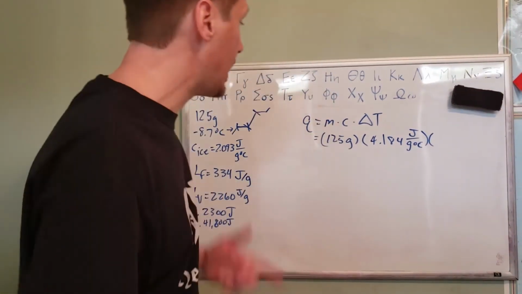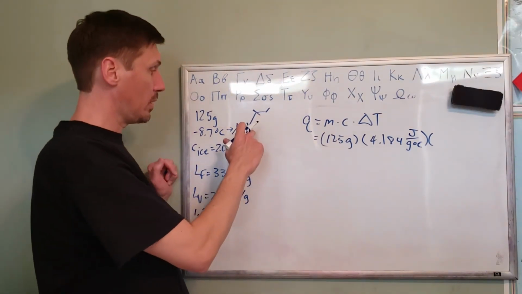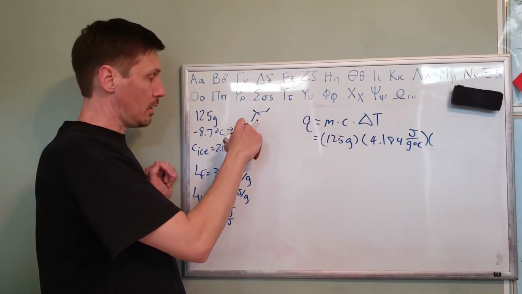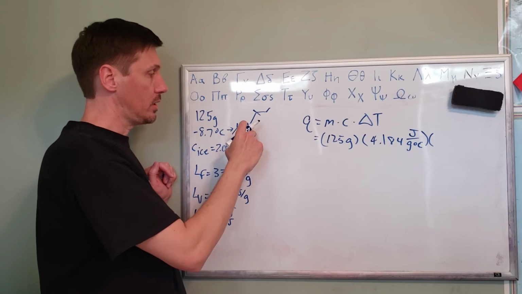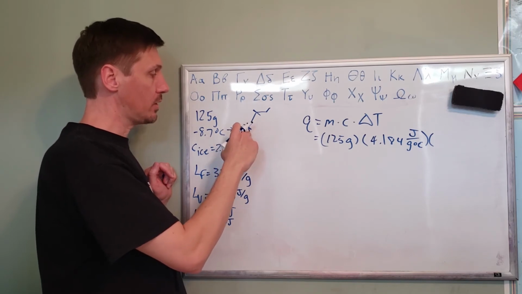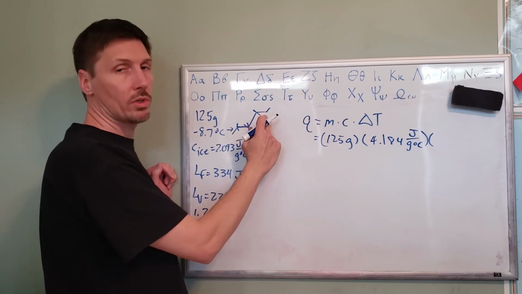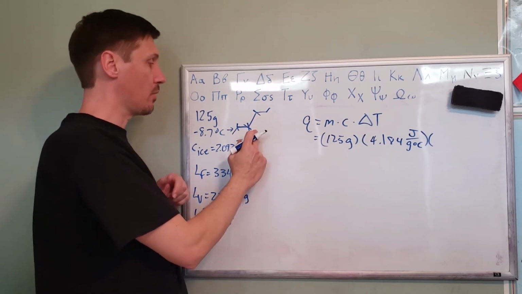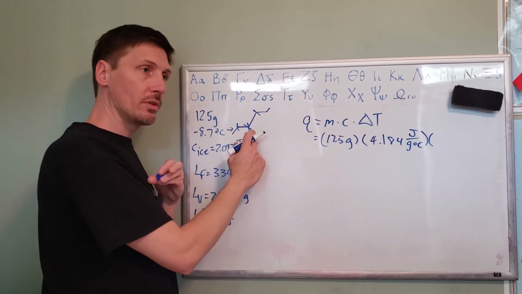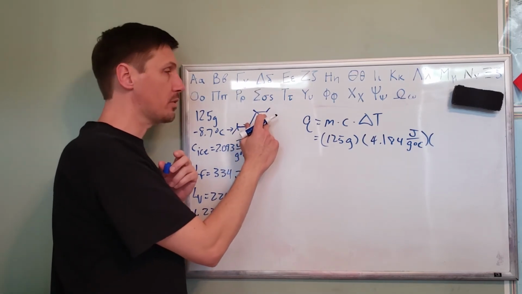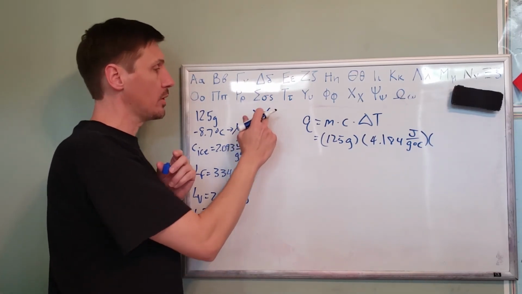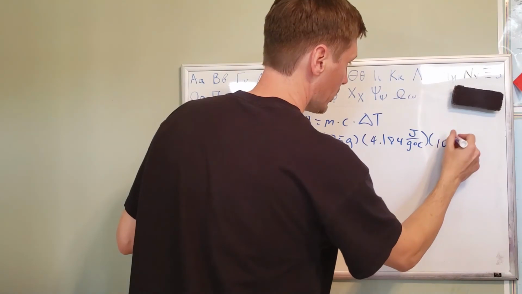And then finally here, our temperature change. This was the transition after the solid phase to the liquid phase, and then as it's heading towards the gas phase, we know that since the freezing point of water is 0 degrees Celsius and the boiling point is 100 degrees Celsius, it went from 0 degrees to 100 degrees. So this is just going to be 100 degrees Celsius.